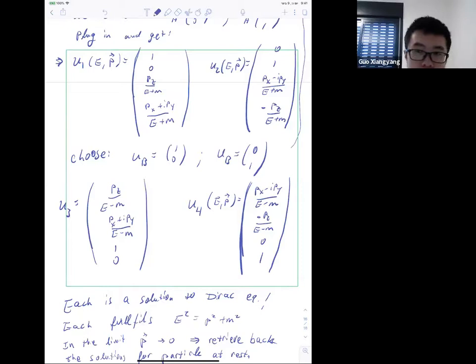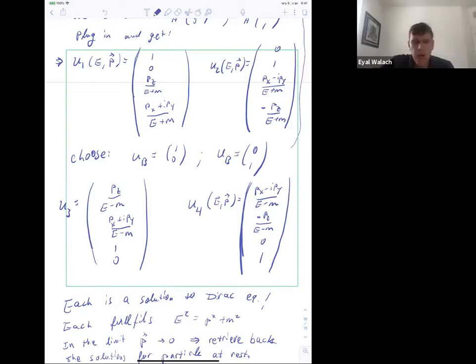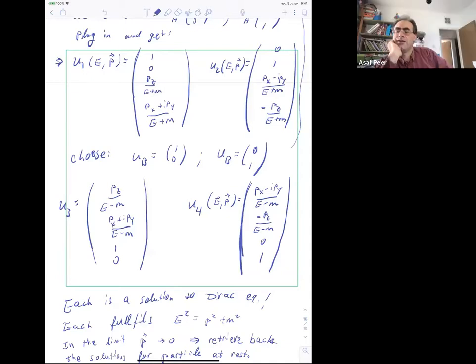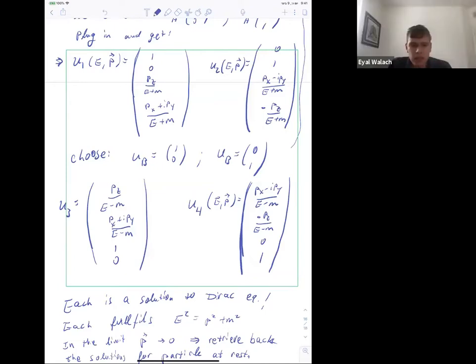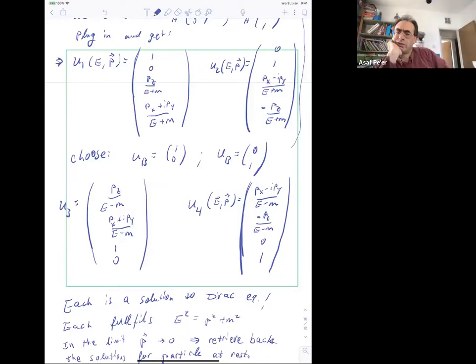So, a more conceptual question. We use representations of the alpha matrices and essentially the gamma matrices. We represent them as matrices. Is this the only representation of them as 4x4 matrices, at least up to conjugation?